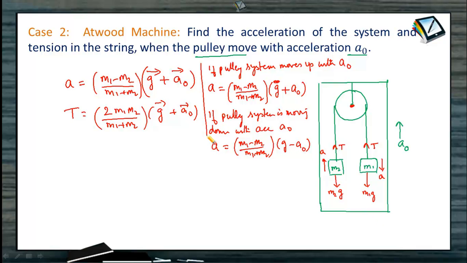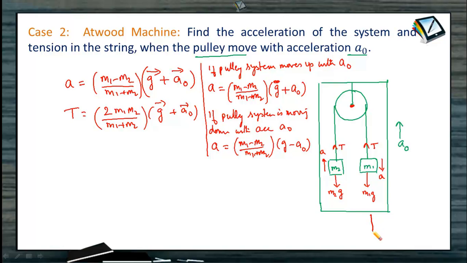Now you will ask how we got these equations. Let us consider the complete pulley system is moving upward with acceleration. So this M1, although it is coming down inside this system, net M1 will be moving with an acceleration A0 upward, as well as M2 will be moving with an acceleration A0.